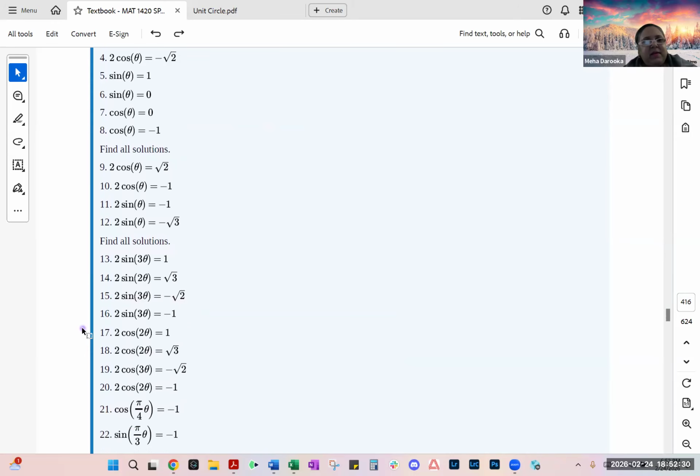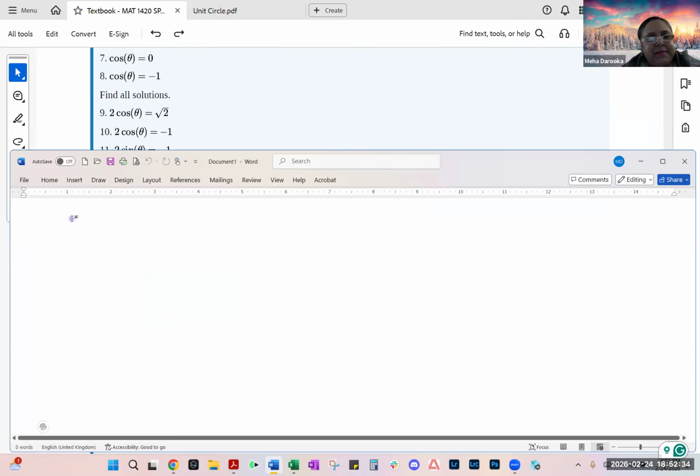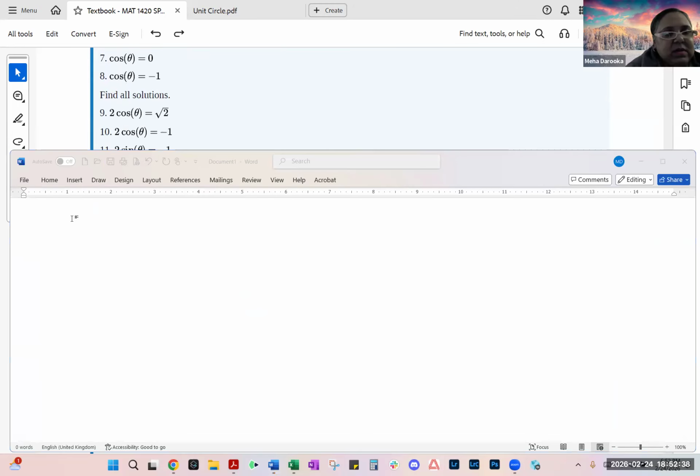Let's do number 9 from our exercise section. All right, so you are given 2 times cosine of theta is equal to square root of 2.